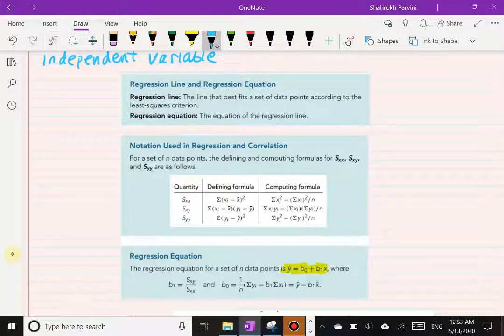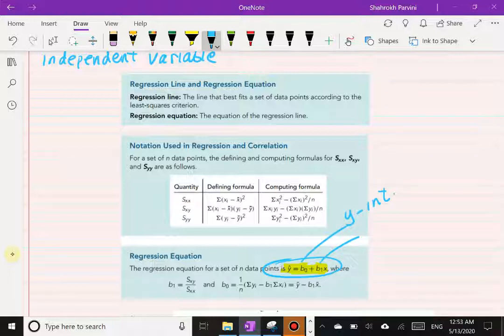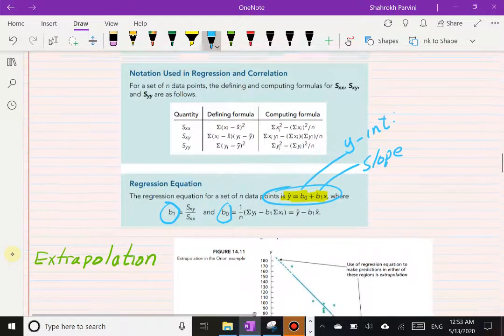This is actually the regression equation. Notice again b1 here and b0. This b0 is the y-intercept, and b1 is the slope of the line. Okay. And here are the formulas. That's for b1, and this is a formula for b sub 0, which you don't need to bother with because, again, we use software to do this.